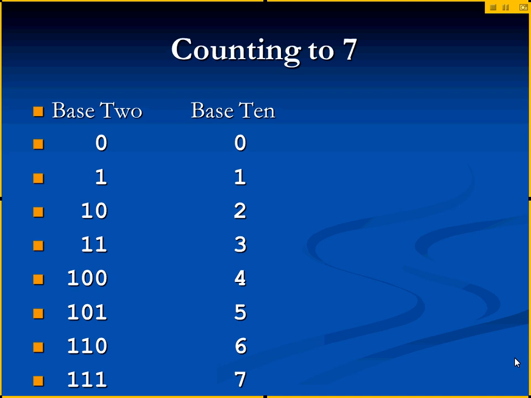To get from 100 to 999, how many digits do I need? I need 3 digits. So I can have 9 hundreds, and I can have 9 tens, and I can have 9 ones. That's as far as I can go. I can't get to 1,000 using only 3 digits. I need another column.